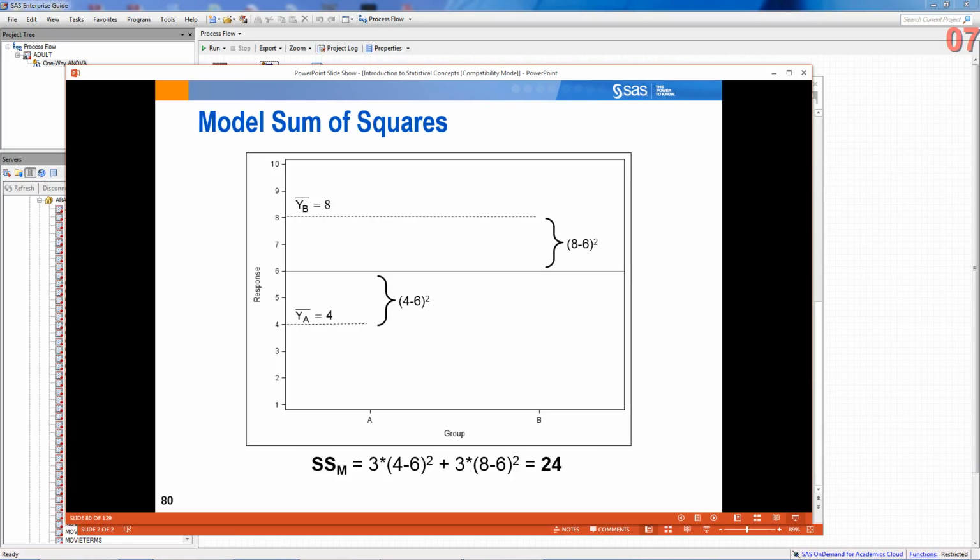We find out how far away these means are from the overall mean, square them, and take the sum of squares. Also, since we have a number of observations in each group, we need to weight the squares by the number of observations. So 3 times (4 minus 6) squared plus 3 times (8 minus 6) squared comes to 24. So 28 equals 4 plus 24, it holds.